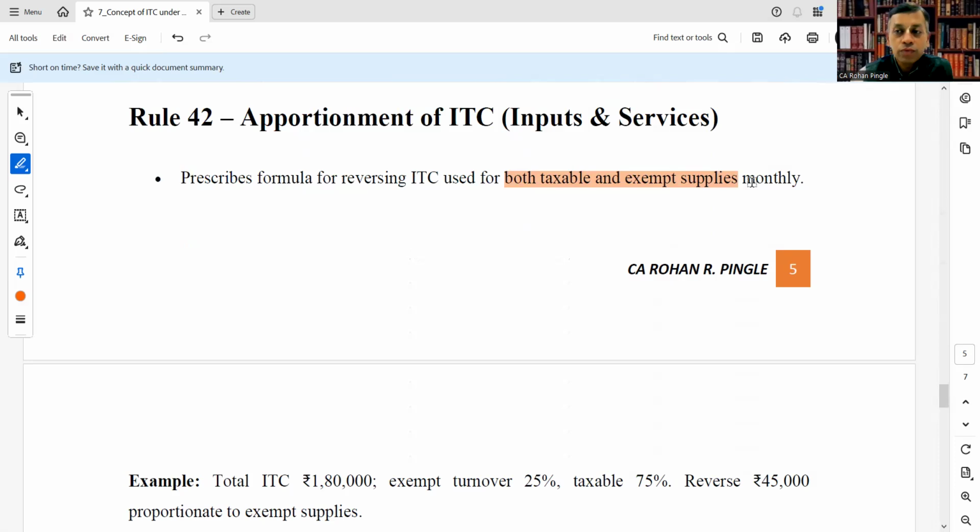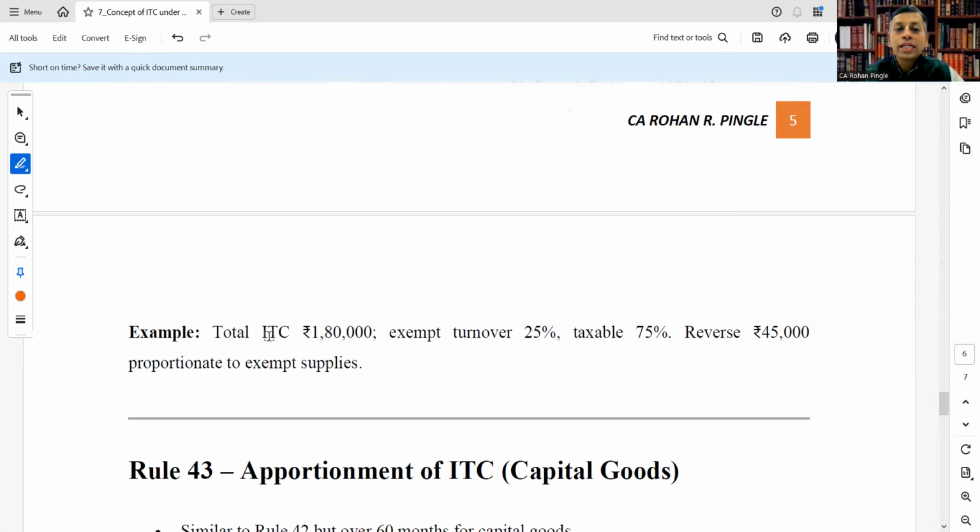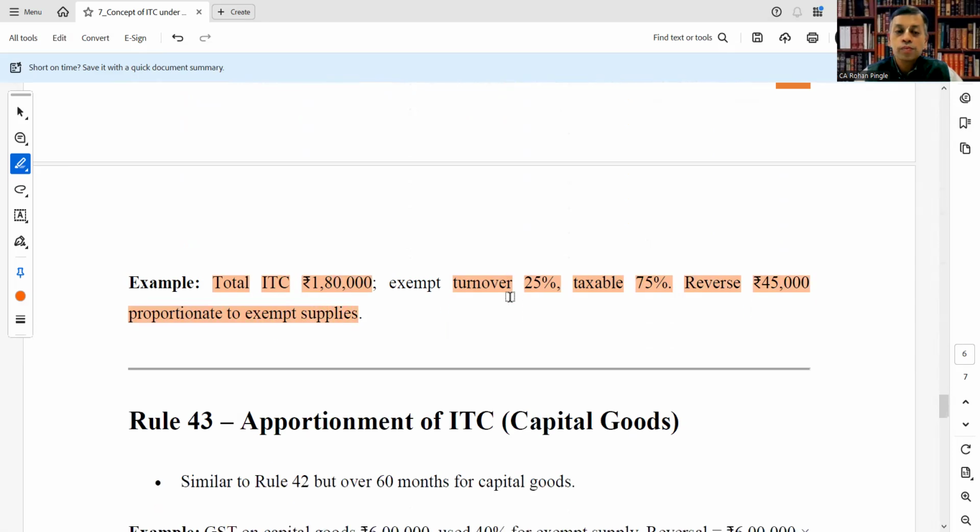It is not straightforward; there is a formula you need to check afterwards, for reversing ITC used for both taxable and exempt supplies on a month-to-month basis. Example, total ITC rupees 1,80,000, exempt turnover 25%, taxable 75%, reverse 45,000 proportionate to exempt supplies.